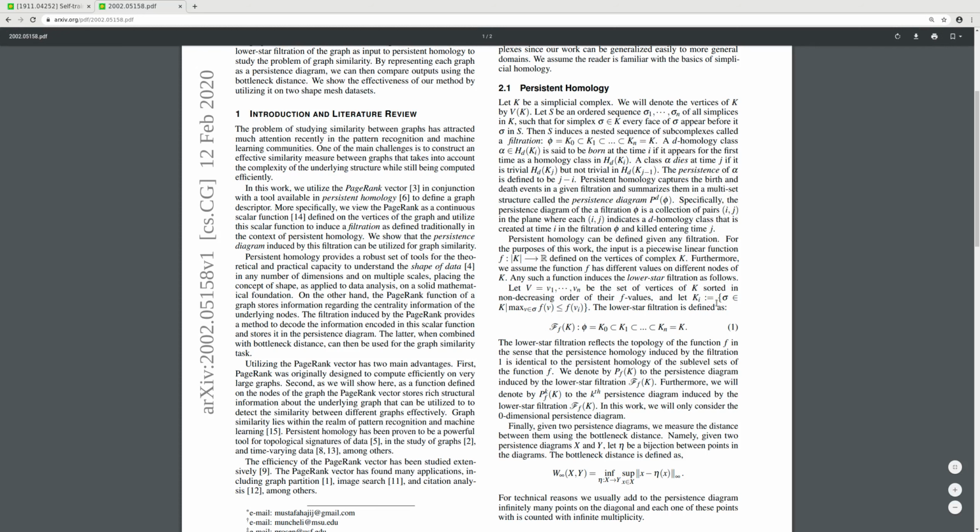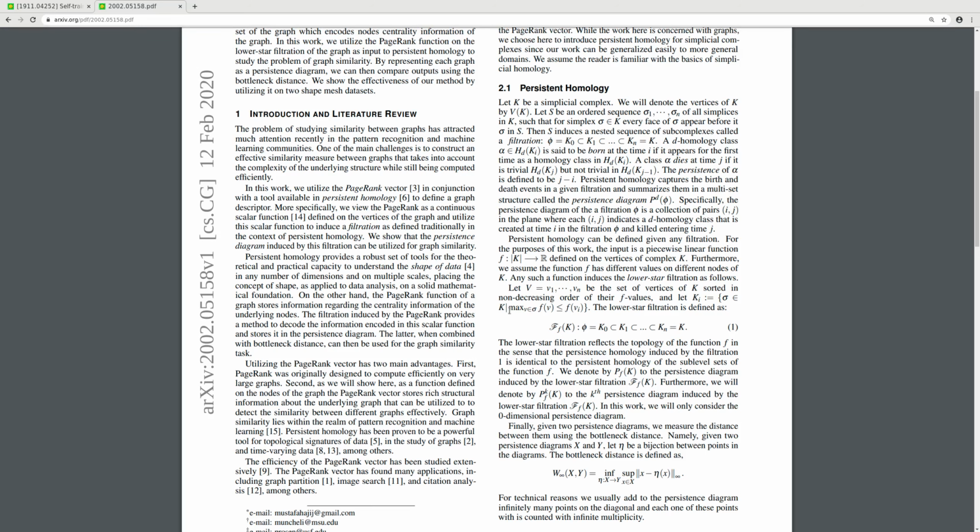So Ki equals the set of sigma in K, a maximum subset of the v's, where v is a maximum of f in sigma, such that it is smaller than f of vi.